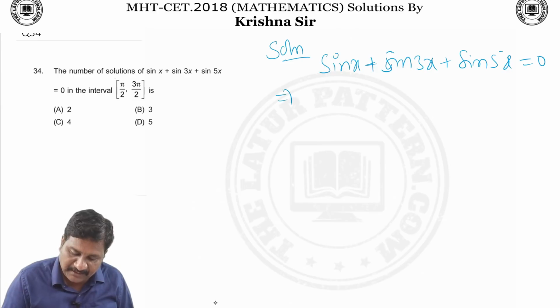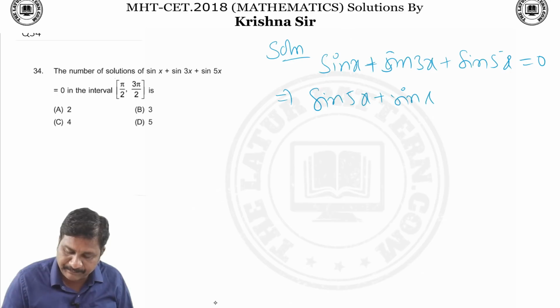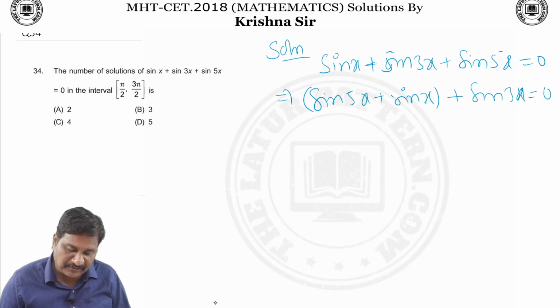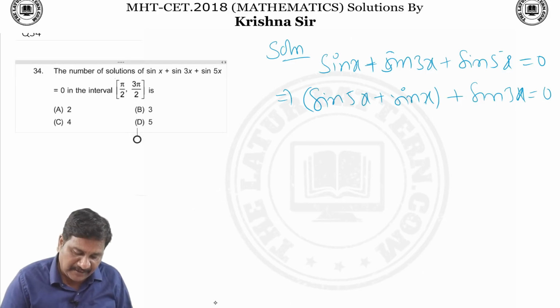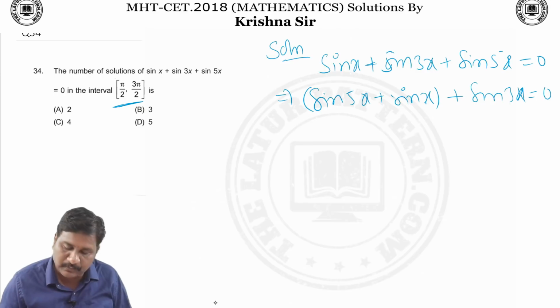So you take sin 5x plus sin x as a group, and sin 3x is equal to 0. Now you find the solutions in this interval, pi by 2 to 3 pi by 2.